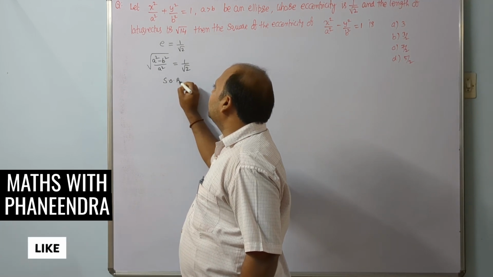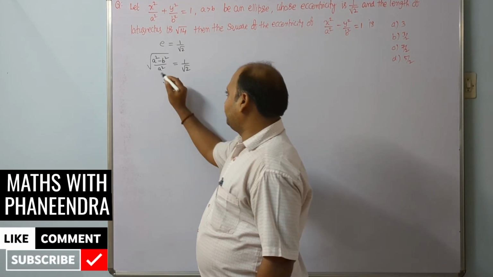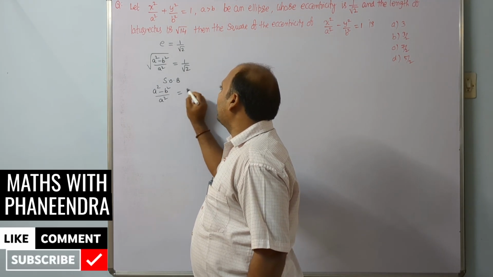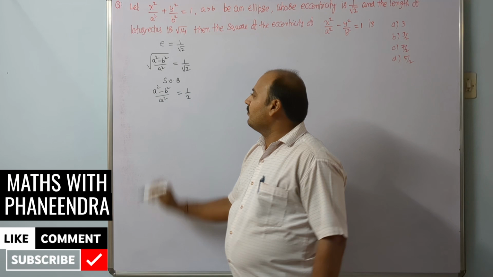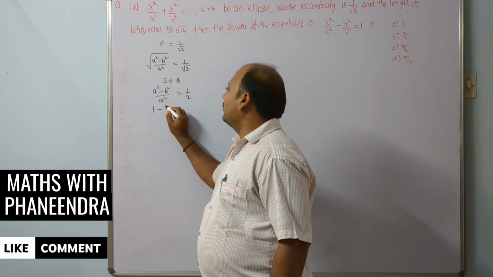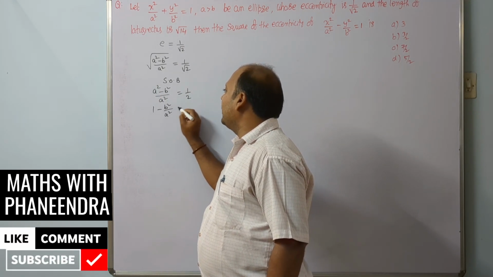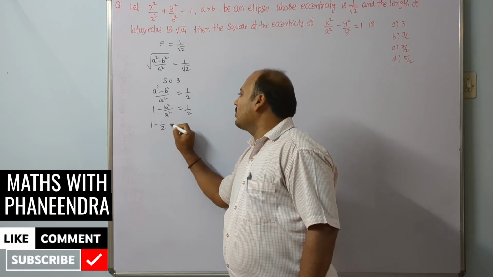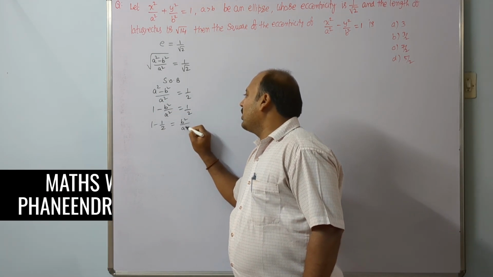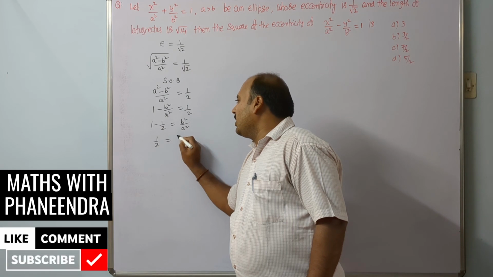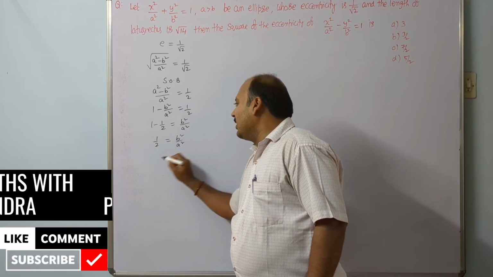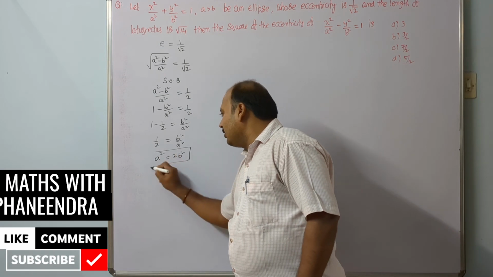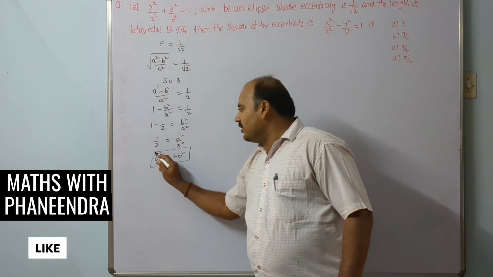Squaring on both sides: (a square minus b square) by a square equal to 1 by 2. 1 minus b square by a square equal to 1 by 2. Bring 1 by 2 to this side: 1 minus 1 by 2 equal to b square by a square. 1 by 2 equal to b square by a square. Cross multiply: a square equal to 2b square. Okay, dear students, we got one condition.